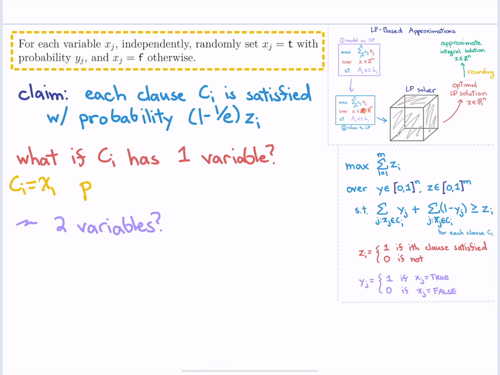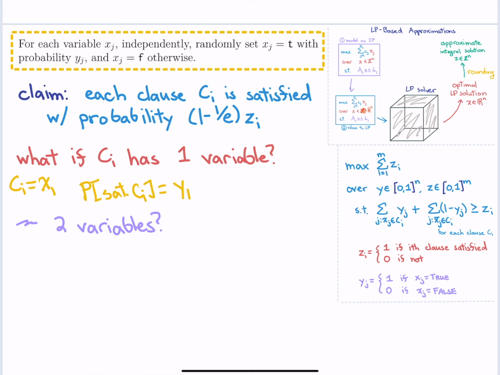Okay, so the probability we satisfy ci will be y1 here. It's variable x1, right? And how would zi be related to y1? So the LP is going to want to make zi as big as possible.